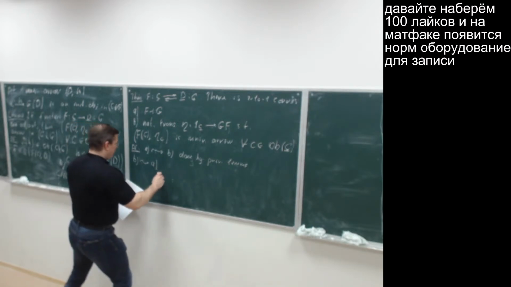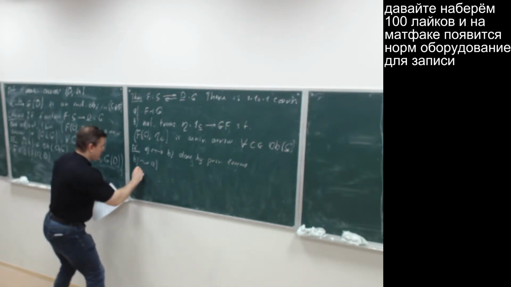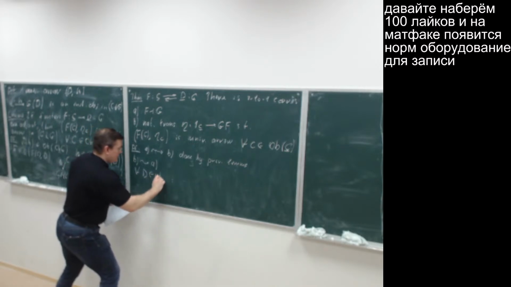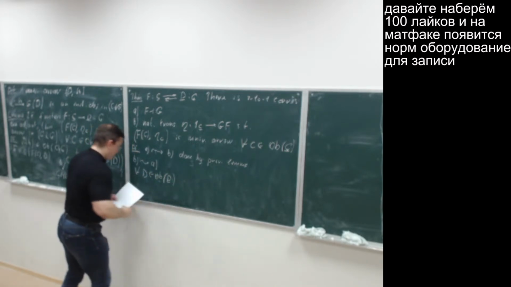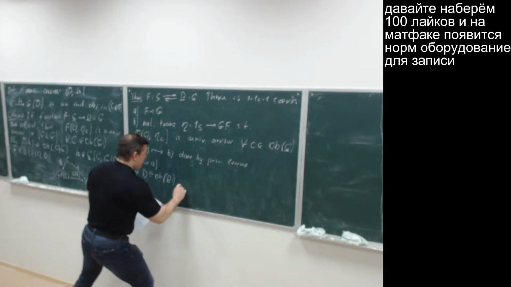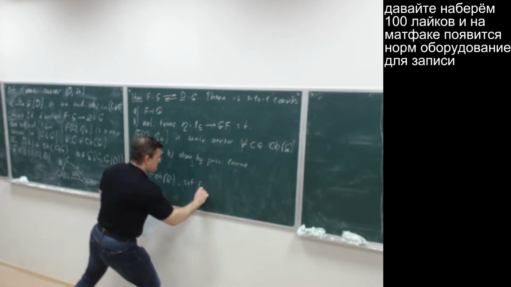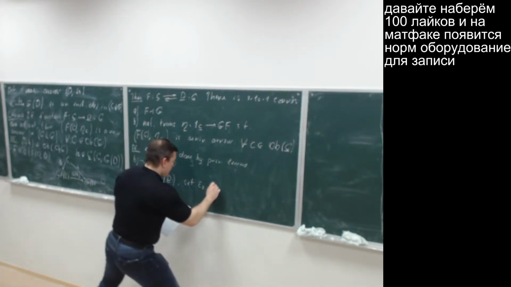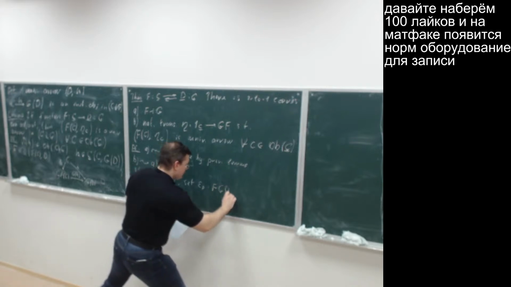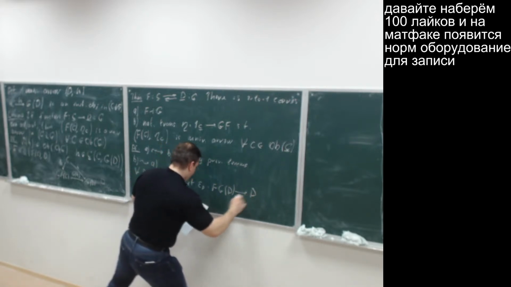Okay, let's do this. Let's take any object D in the category D. And then for this object, set epsilon D to be a map from FG of D to D.